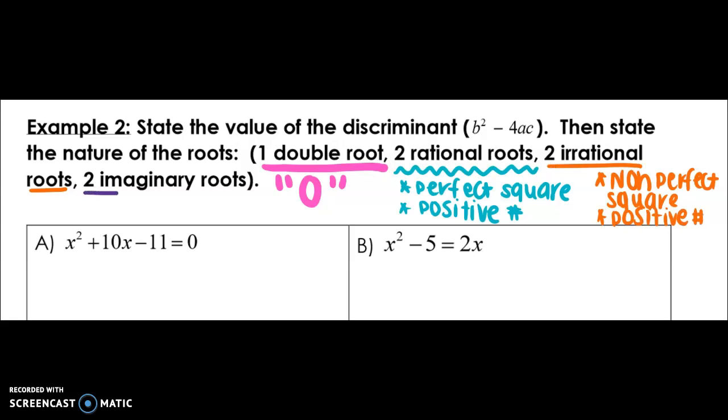And lastly, when we have two imaginary roots, that means we are getting a negative number as our discriminant. So not only does it have no solution, those solutions are two imaginary roots.